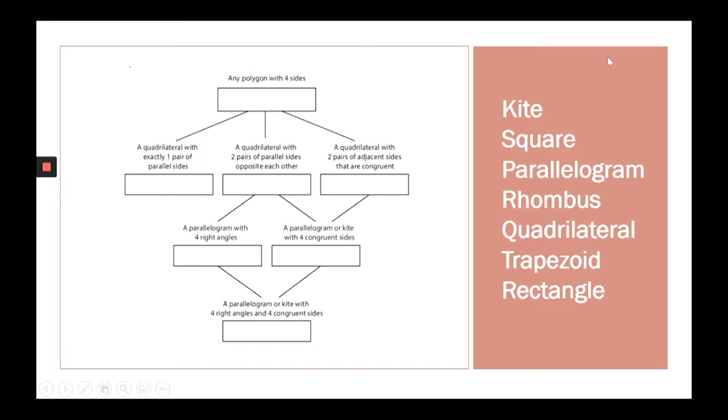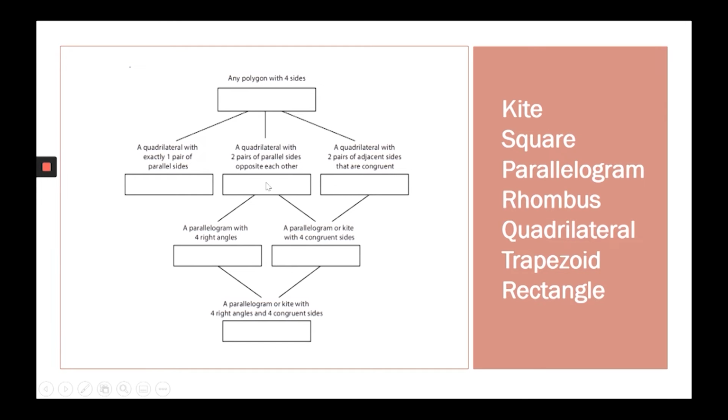Over on the side, I have a list of 7 different shapes. Okay, and you are going to try to sort them into the correct blank box over here. Let's read through each of the descriptions and then you'll try it out. So first, you'll try to find the word that matches any polygon with 4 sides, and then a quadrilateral with exactly 1 pair of parallel sides.